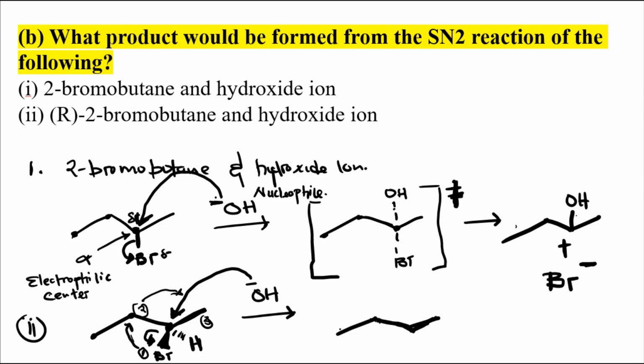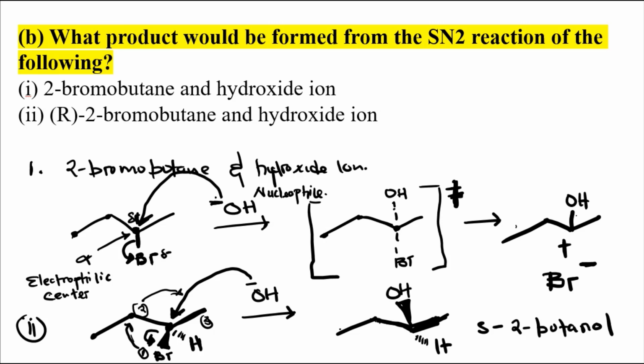If in optical isomerism the substrate that was reacting was R, there's going to be a reversal in the product that is formed. We know that the hydroxide is going to attach on carbon number 2, but ensure that the way it attaches gives you an S configuration. So if we place the hydroxide here and the hydrogen here, this is going to be (S)-2-butanol.